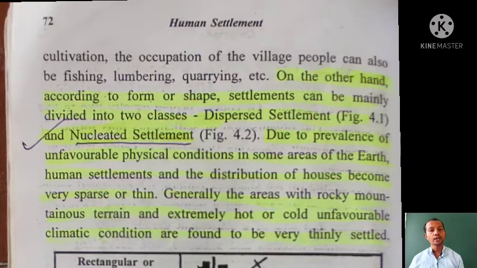The place may be very rocky, no cultivation is supported, or the water resource is very little, or the place is very hot or very cold. All this can be responsible for that. So that way, dispersed can be one group.